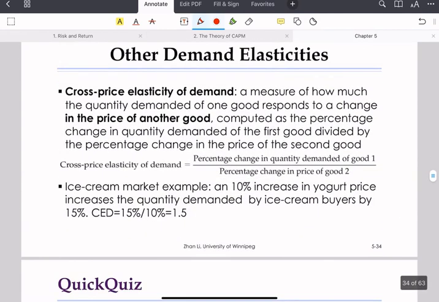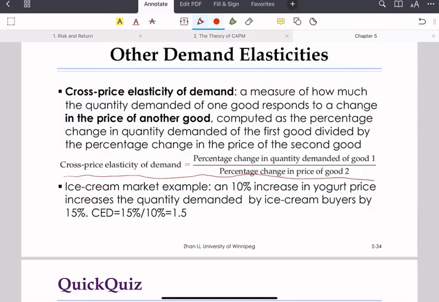The third one is about cross-price elasticity of demand. This is a measure which tells you how much the quantity demanded of one good will change if there is a change in the price of a different good. You can see the formula here.